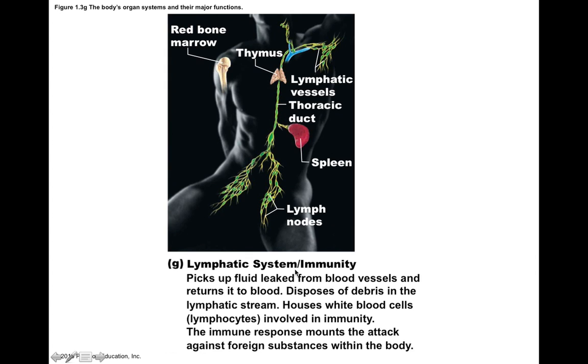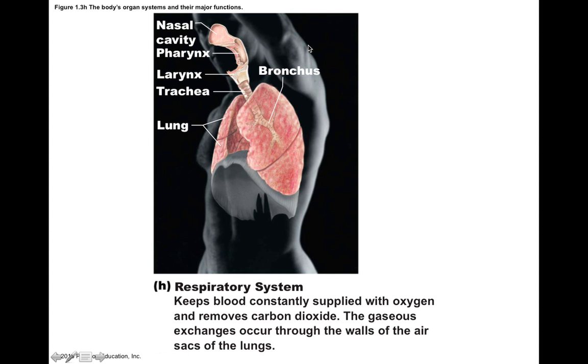So one of the major functions of your lymphatic system is actually to pick up fluid that leaks out of your blood vessels and then return that back to blood. However, all along the way, it can dispose of debris. It also has white blood cells, which are immune cells that can actually clean up that fluid before it goes back into your bloodstream.